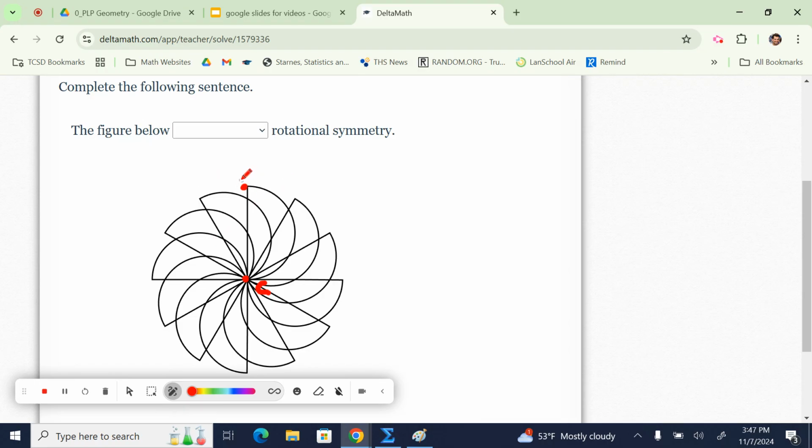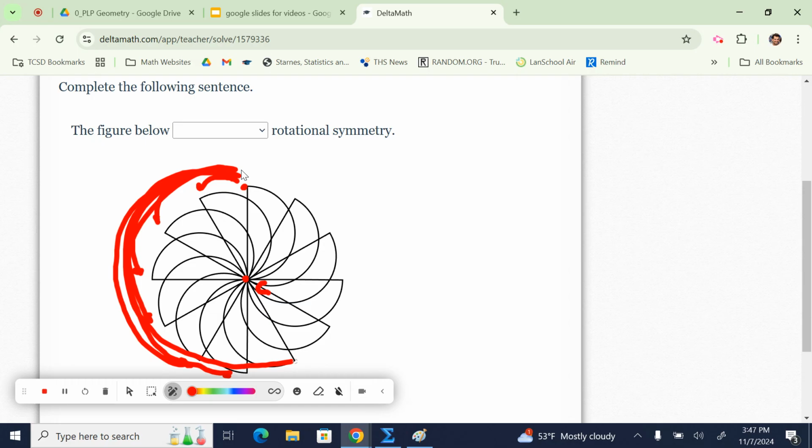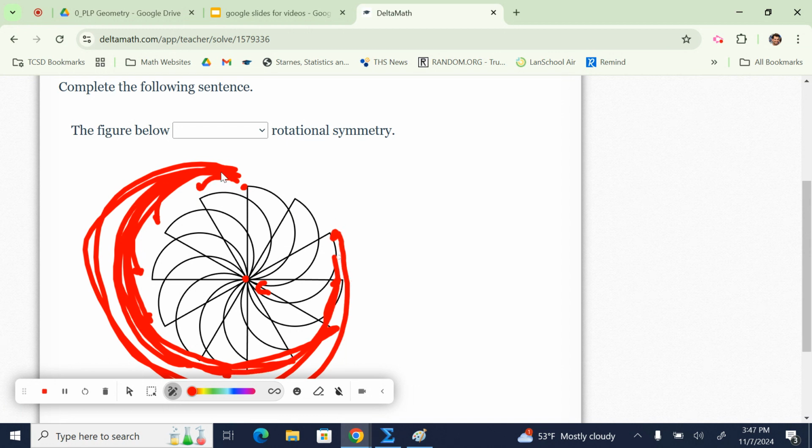I can rotate this figure, and I believe it's going to land here, and here, and here, and here, and here, and there, and there, and there, and back to itself. Oh my goodness, that was 1. Change colors. That was 1, 2, 3, 4, 5, 6, 7, 8, 9, 10, 11, 12, 13.